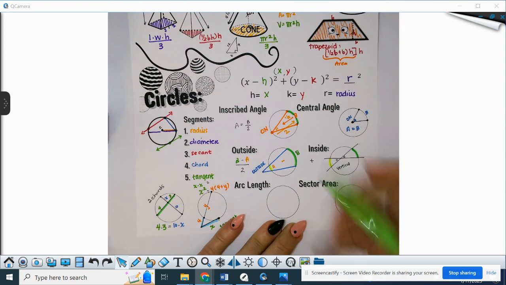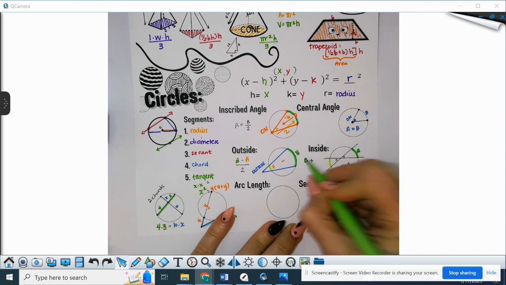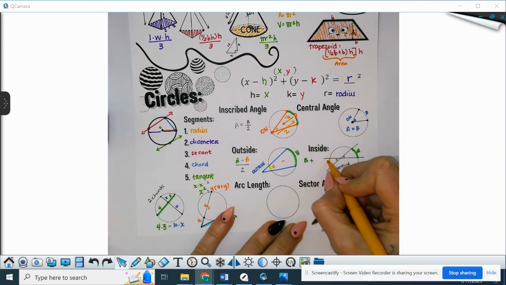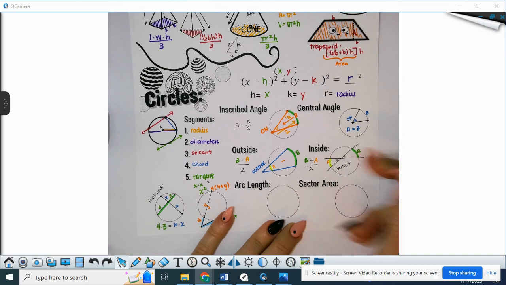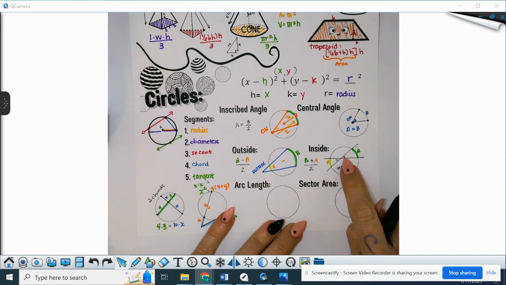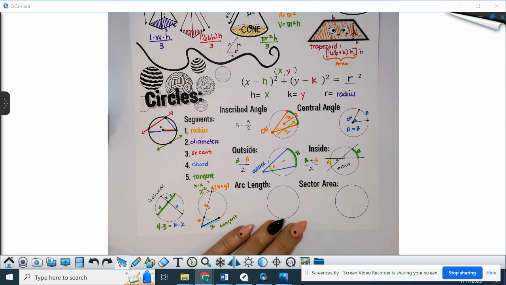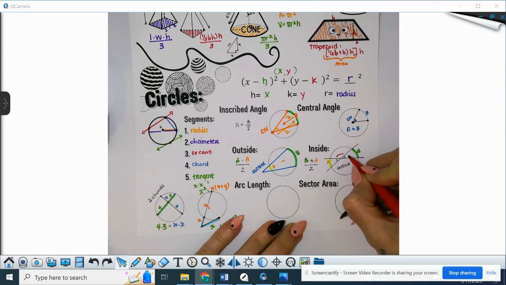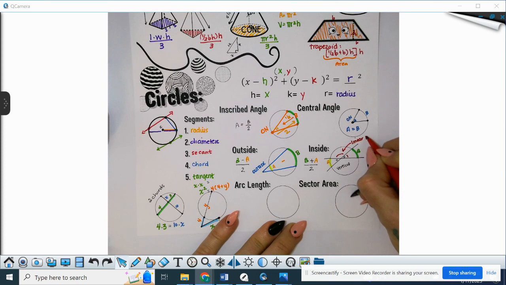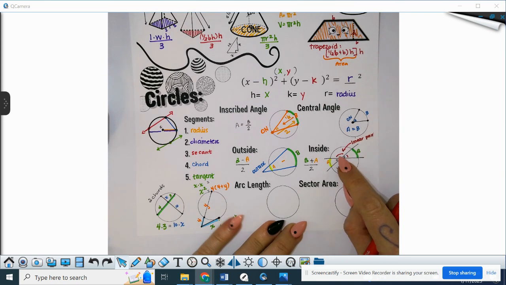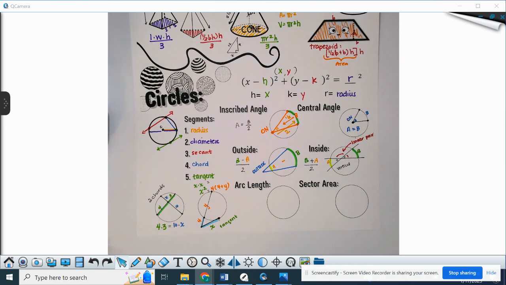So B plus A. It does not cross through the center, so we have to divide by 2. So B plus A divided by 2 will give me these two angles. Then, for another vocabulary reminder, this guy and this guy are a linear pair, which means they equal 180. So if I can find this one, then I can subtract it from 180 and find this one. Or you could use these as vertical angles. You can answer lots of questions at that point.